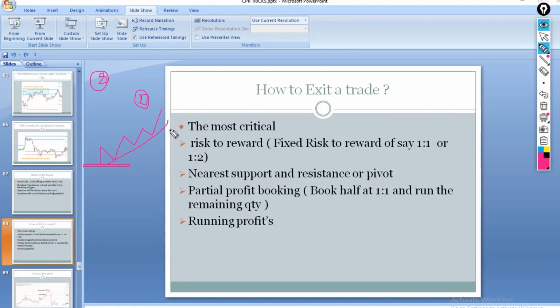How to run the profits? Obviously, there are a few criteria which we are going to learn. And running the profits obviously is not that easy. You already know how we run the profits in swing trading or even in day trading. So there are basically 2 ways in which we exit, or you can say we run our profits. In this case, let's say there is a big breakout of, let's say, the last 3-4 days.